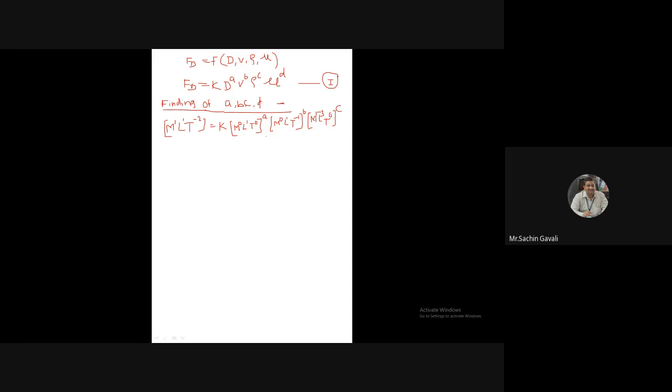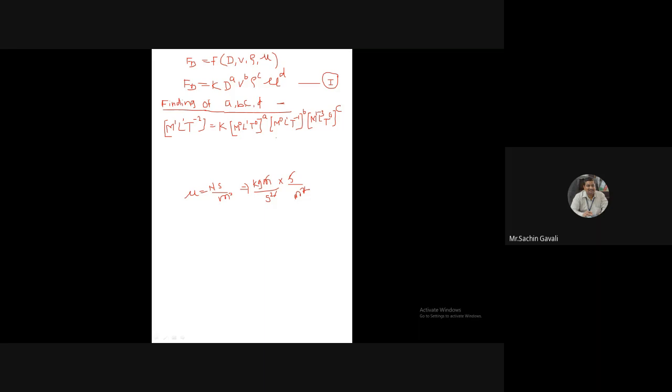Viscosity: Newton second per meter square. So mu is equal to what? Newton second per meter square. This is dynamic viscosity. Newton means kg meter divided by second square, into second divided by meter square. We will cancel this m.